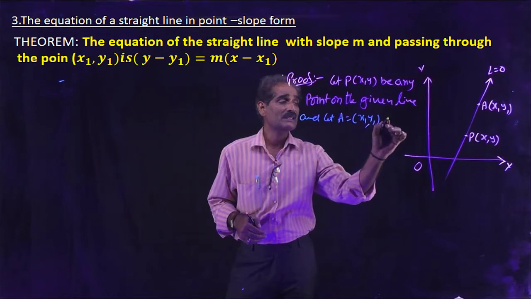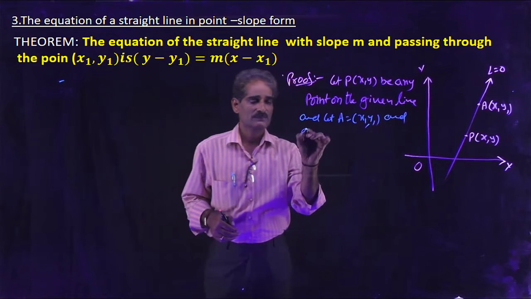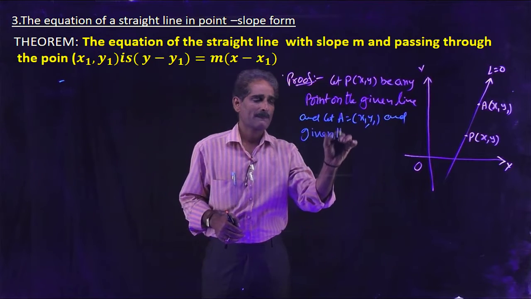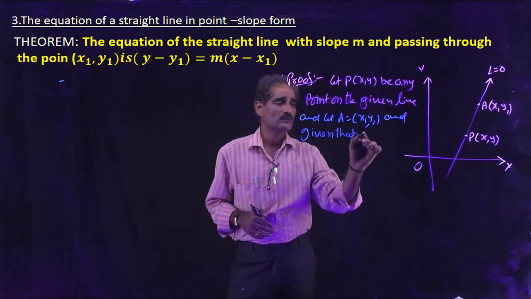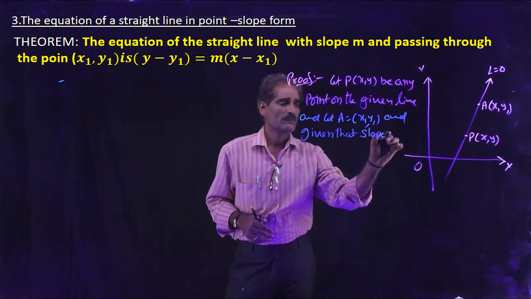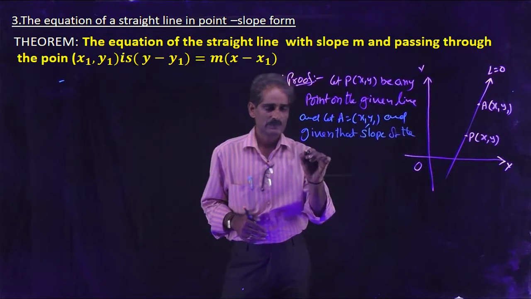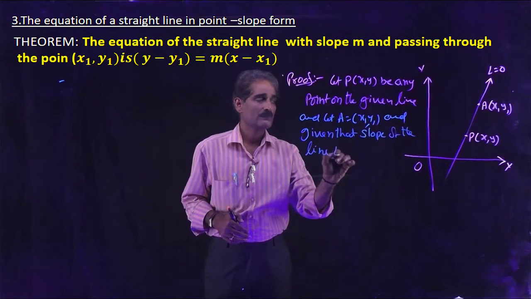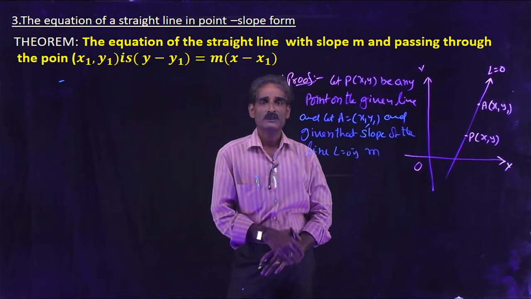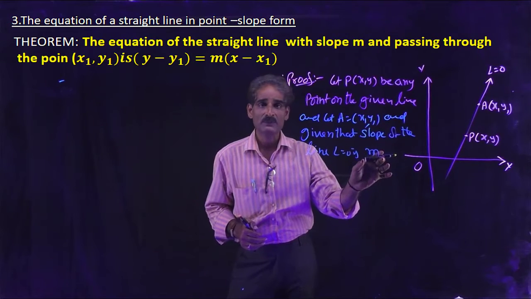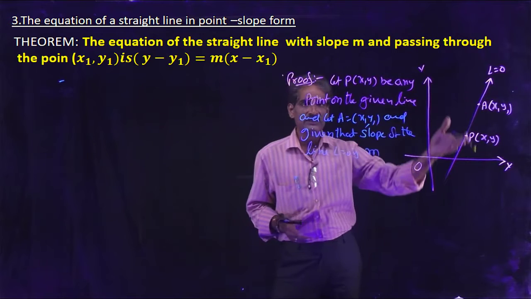And given that the slope of the line L equals m. Here we have given that the slope of the line is m, but here we have two points on the line.